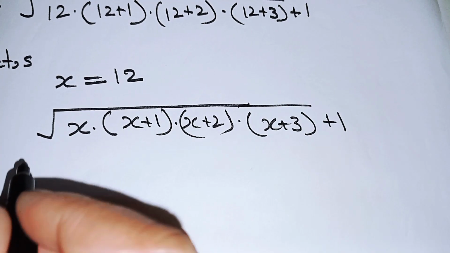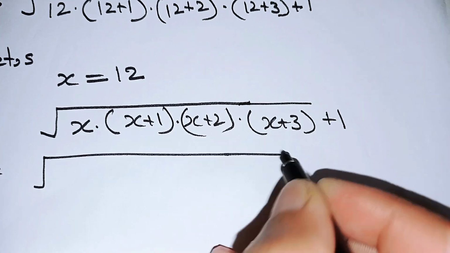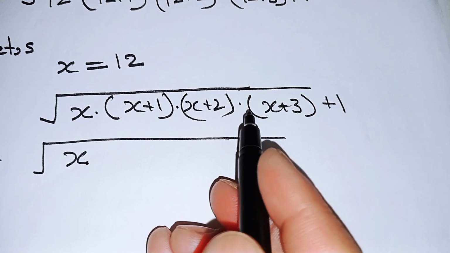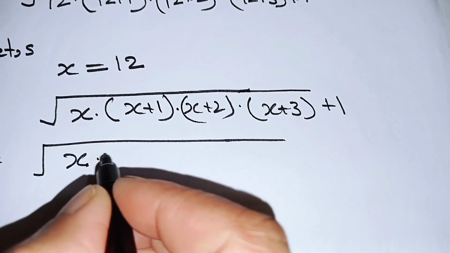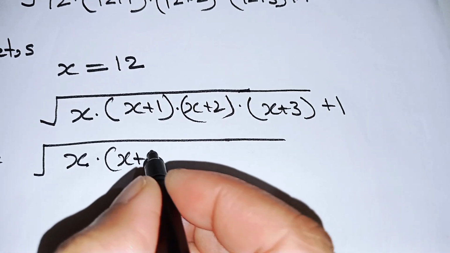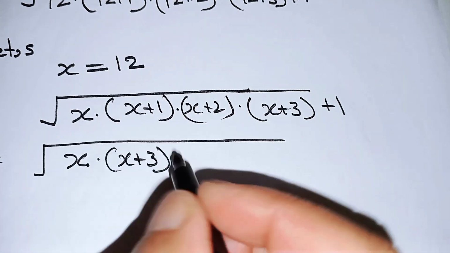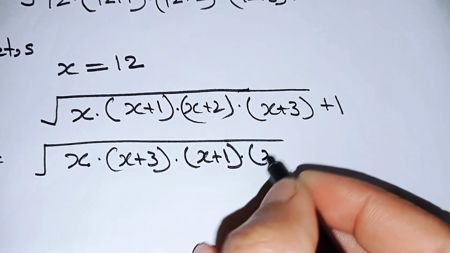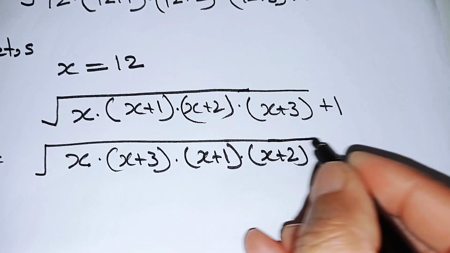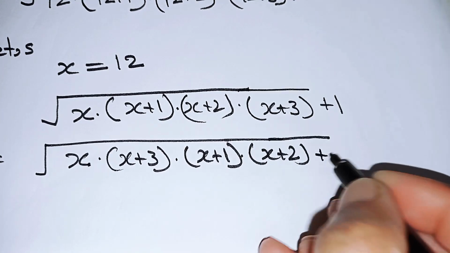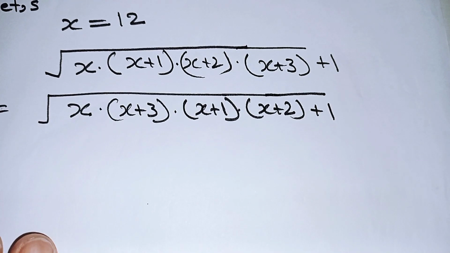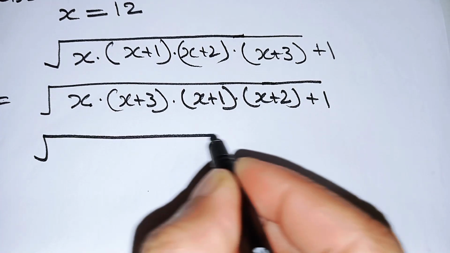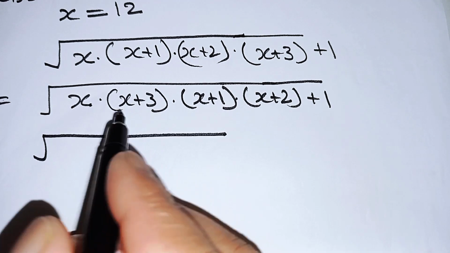And so here, square root of x times x plus 3, then times x plus 1, then times x plus 2, and then plus 1.